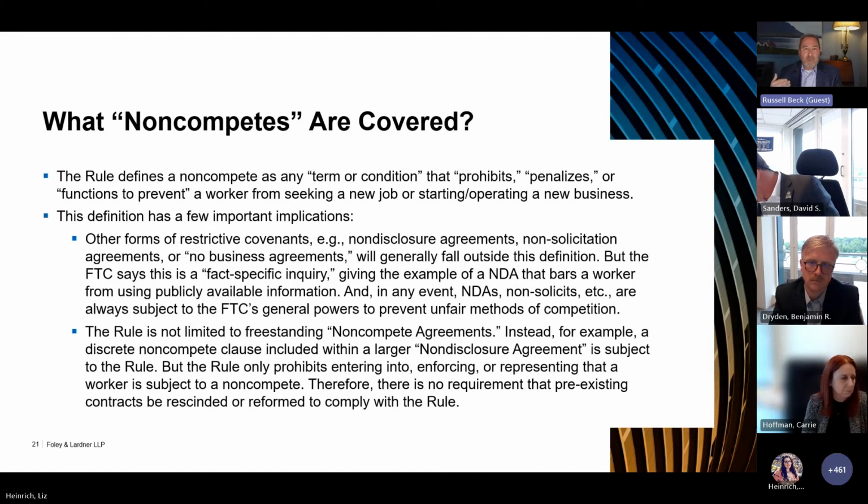Those are the kinds of agreements that go beyond a non-solicitation of customers agreement. It basically is, hey, we don't care who solicits whom, you can't work with the customer, period.